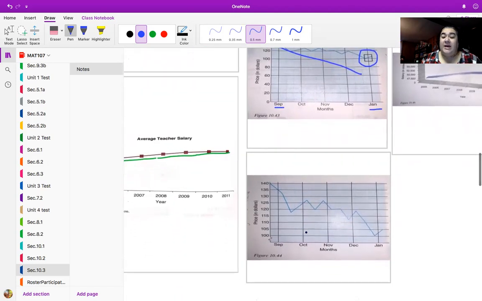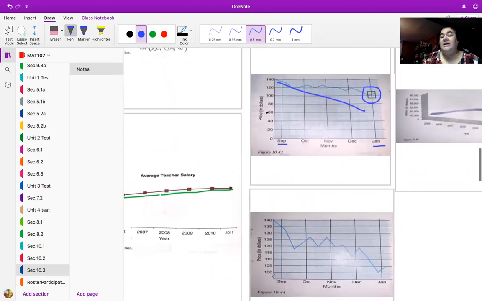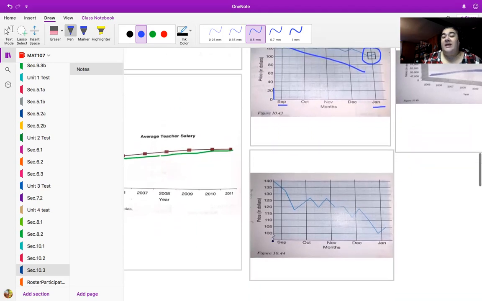If you look here, we actually see how they did that whole thing again, where they expanded the scale vertically and increased the increments. This increment here represents from 0 to $20 million. Here, once again, they have made the scale smaller, from 100 to 105.